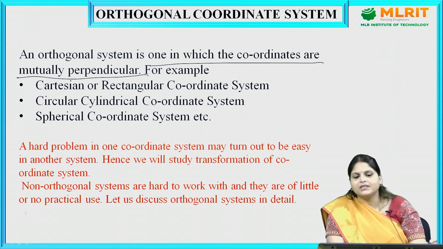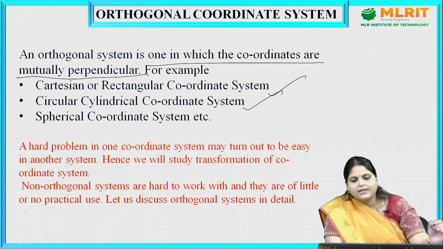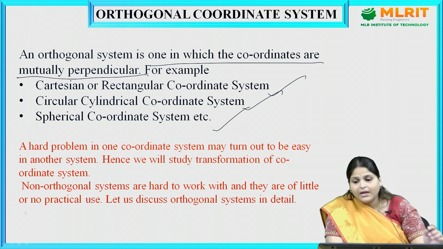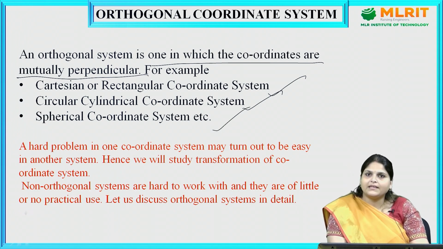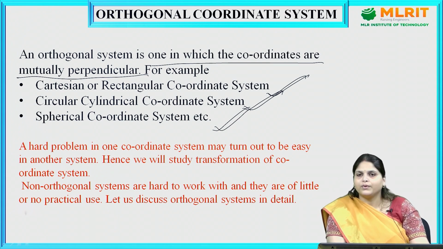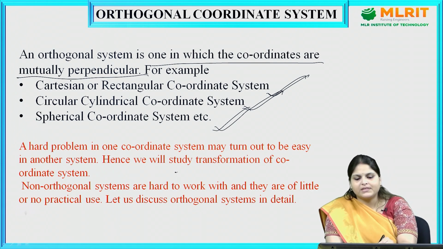For example, the Cartesian or rectangular coordinate system, the circular cylindrical coordinate system, and the spherical coordinate system. We have more orthogonal coordinate systems, but these are the three which we are going to deal with in the electromagnetic field subject.